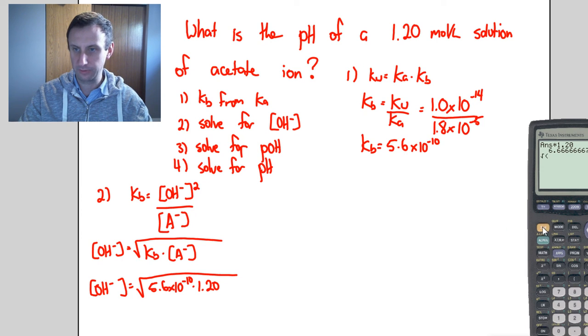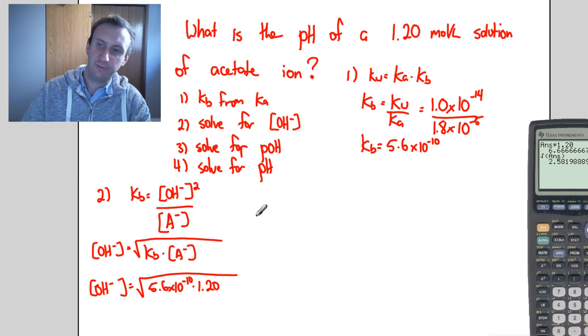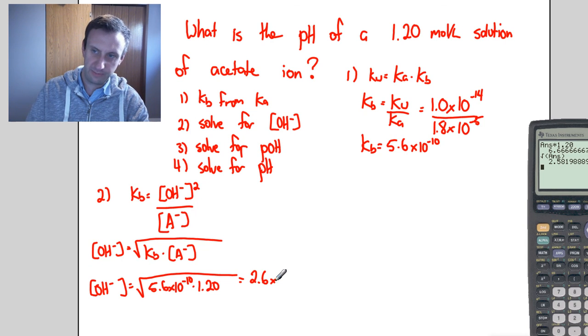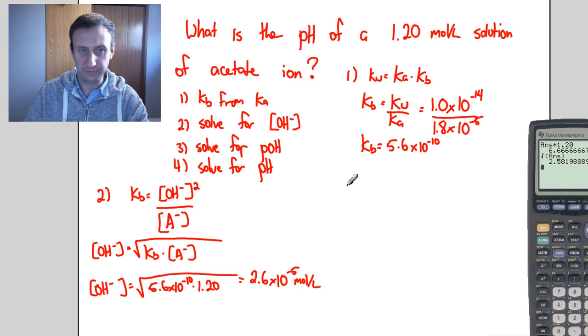And I get a value of 2.58, etc. So 2.6 times 10 to the negative 5 in significant digits, moles per liter, is my hydroxide concentration.